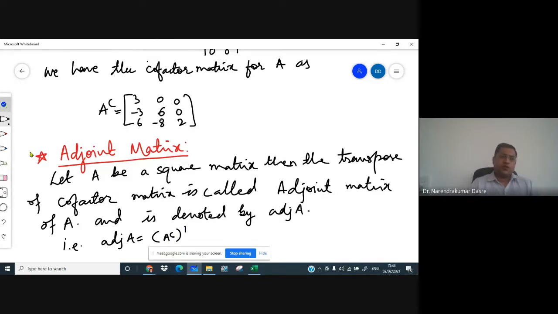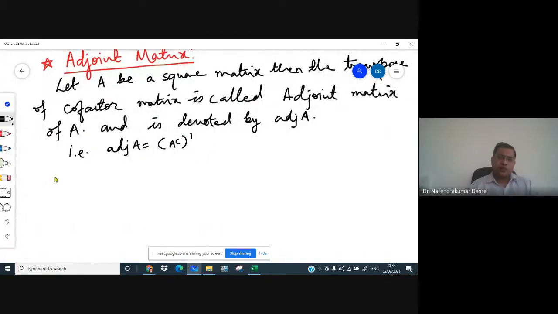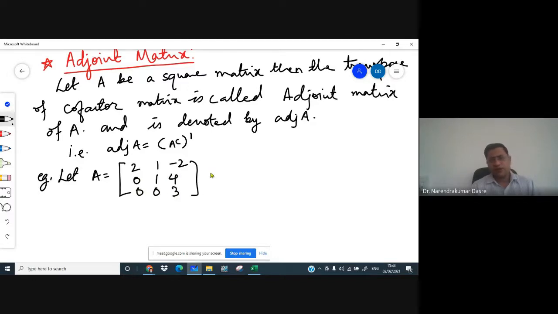Suppose I want to find the adjoint matrix. Let A be the matrix we have already used: 2, 1, minus 2, then 0, 1, 4, and then 0, 0, 3.